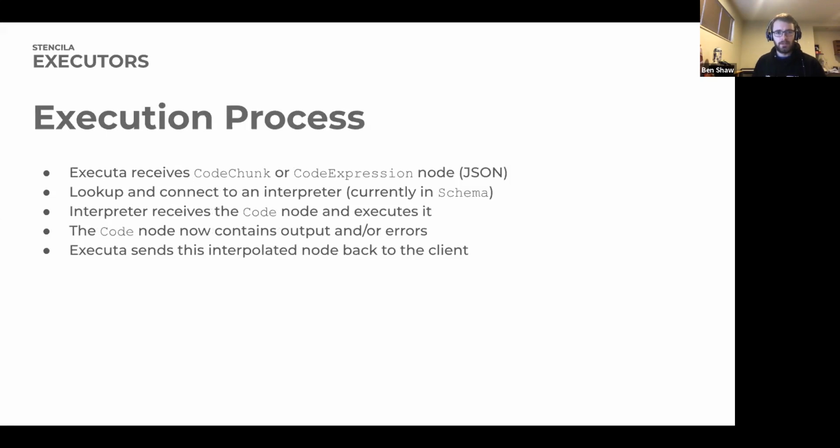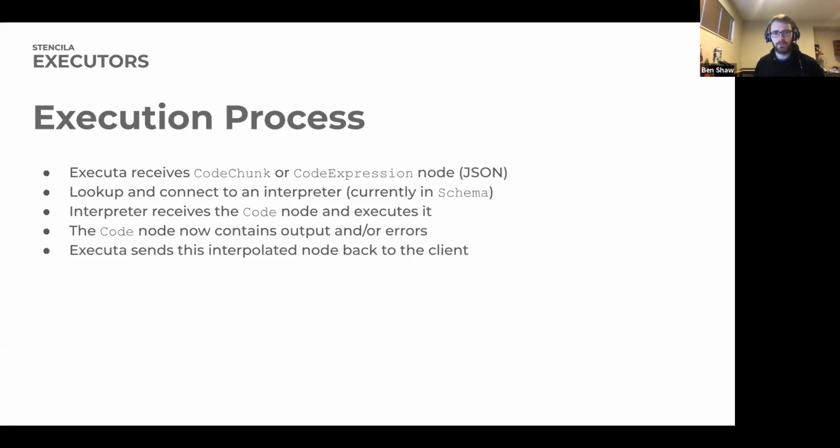So back to executor, the execution process is something like this. Executor will receive a code chunk or code expression, and these are nodes that we defined in our Stencila schema that'll come in JSON. The executor will then look up an interpreter and connect to it.